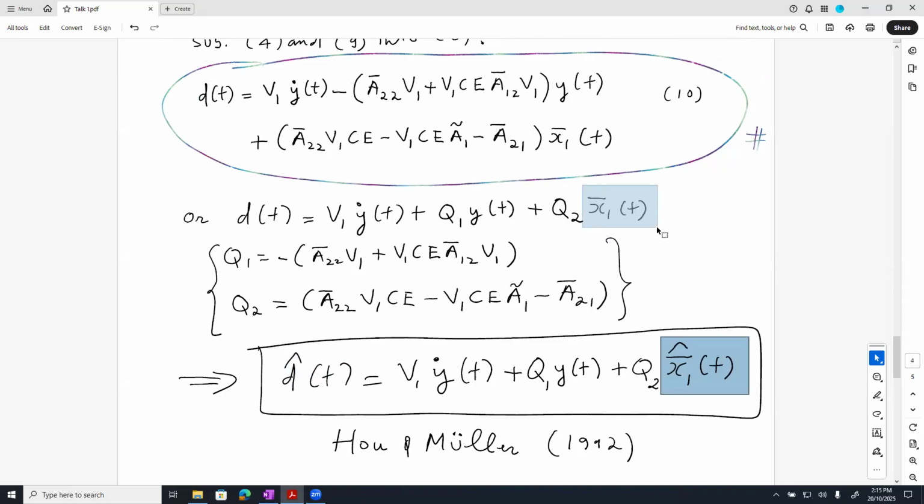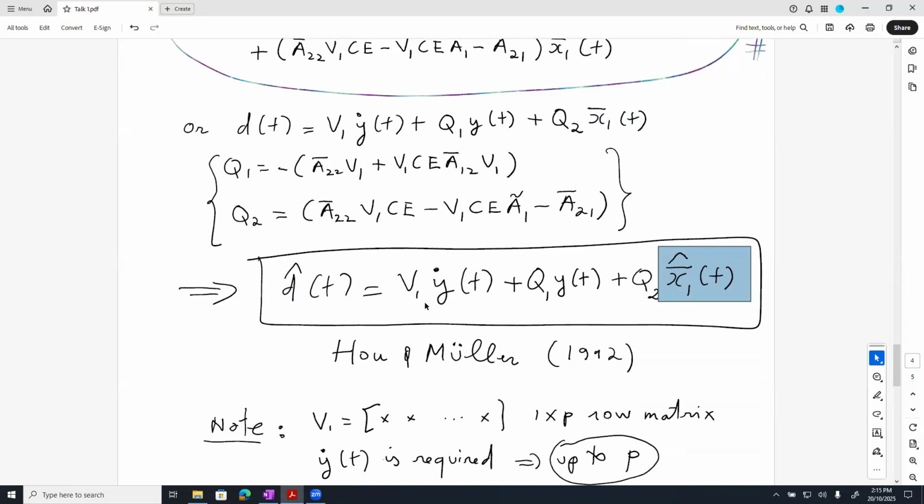So according to Hou and Muller, as a byproduct of the stack observer, the unknown input can also be estimated using the first derivative of the output measurement and an observer that estimates the reduced order stack vector x1 bar of t.